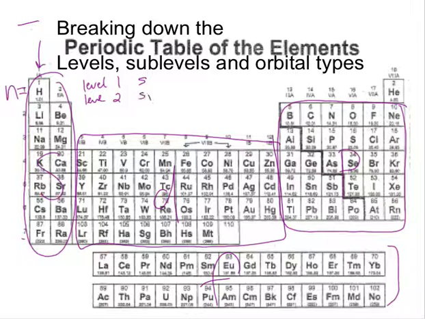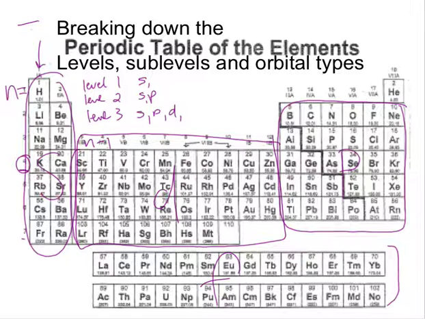S and P. Now, it doesn't look like we have 3 on level 3, but we do, because who remembers anything about the D energy levels? It's 1 under, right? It's n minus 1. So your Ds actually start, this is on the main group elements level 4, but when you get to this D block, it drops to 3. So on level 3, there are 3 sublevels, an S, a P, a D.